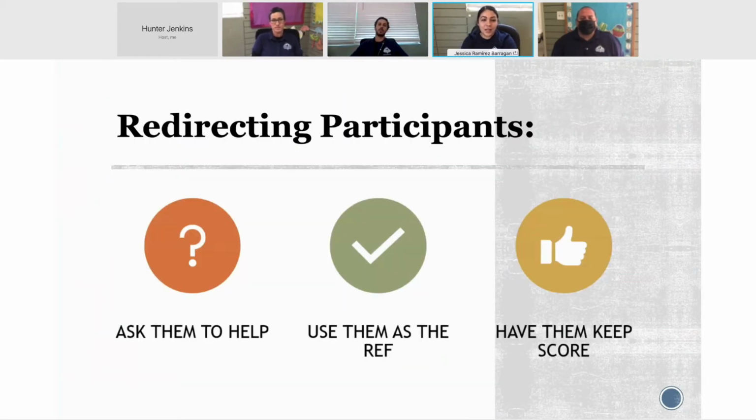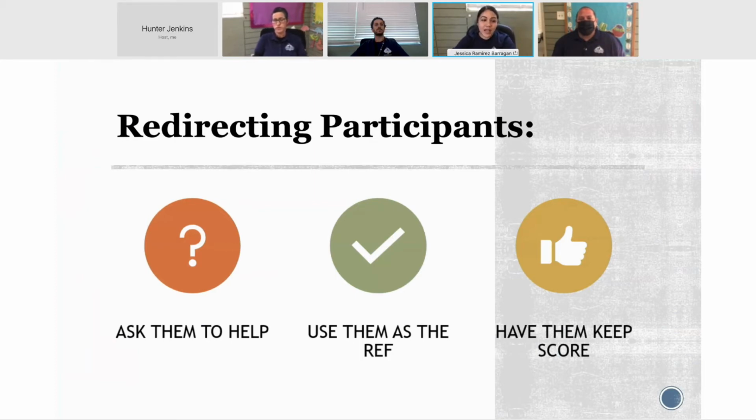Up next is learning how to redirect participants throughout the summer. What does this mean? Redirecting participants means that if you ever get a challenging participant or participants, more than one, the best way to redirect them is getting them involved in a way where you can have them close to you, where you're keeping an eye on them, but also making sure that they're not doing whatever they did to get in trouble or that they weren't supposed to be doing.